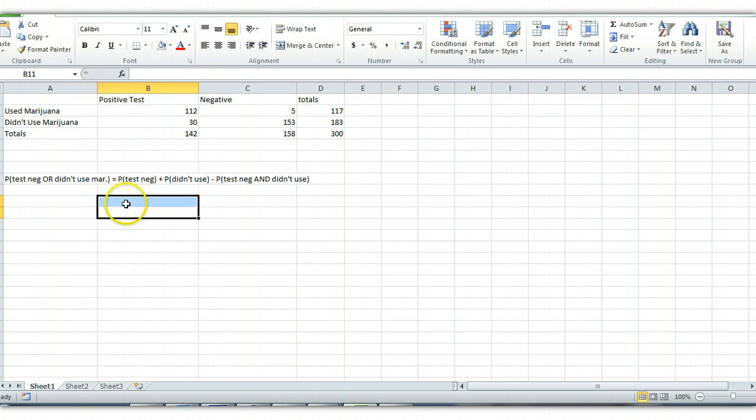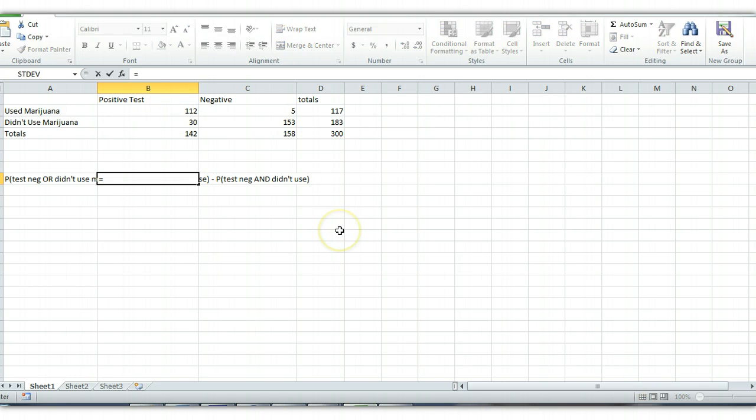Alright, so probability I test negative.